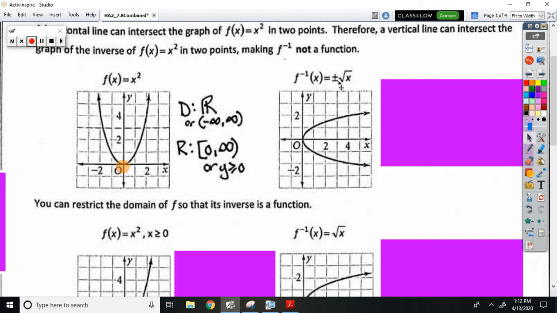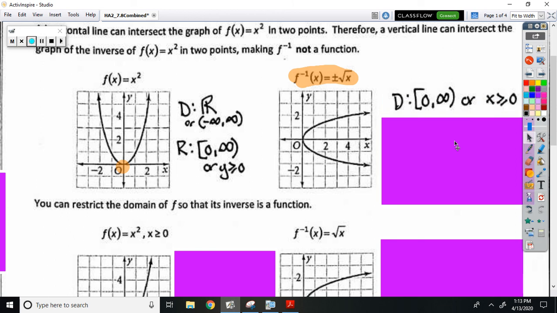Now, when we look at the radical function, which is our main focus for today, notice because of the plus or minus, we will have a positive square root and a negative square root, which makes the sideways parabola. Remember that for the inverse function, the domain and range should switch. So the domain should be 0 to infinity, and the range should be all real numbers. Let's see if that makes sense. The x values start at 0 and go to the positive forever.